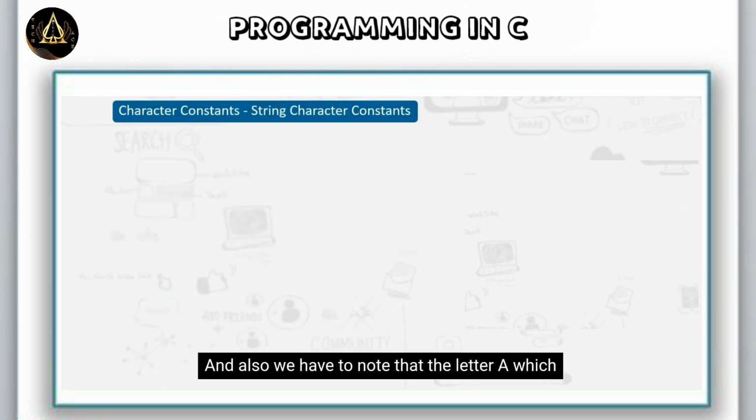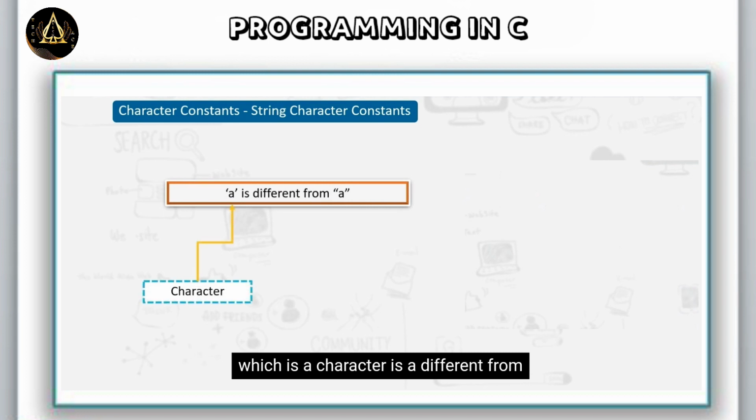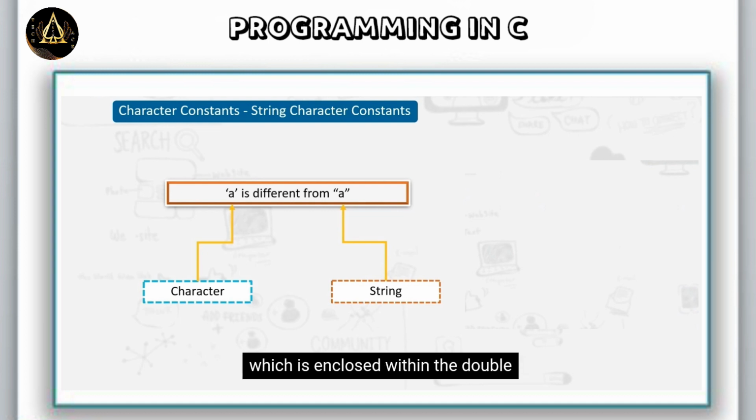Also we have to note that the letter A in single quotation marks, which is a character, is different from the letter A in double quotation marks, which is a string. So you can have even a single character enclosed within double quotation marks, which forms a string.